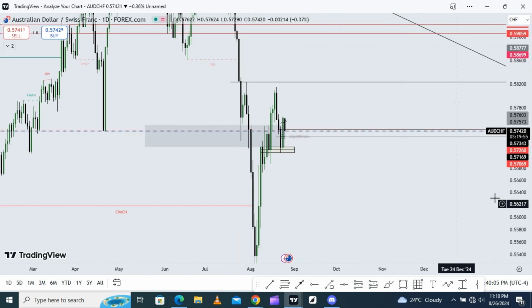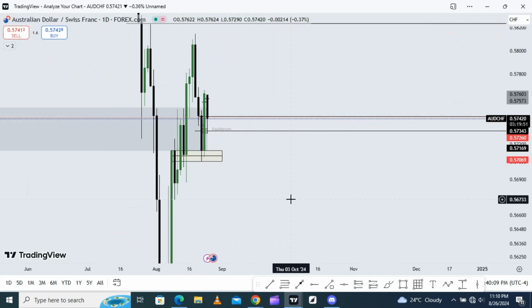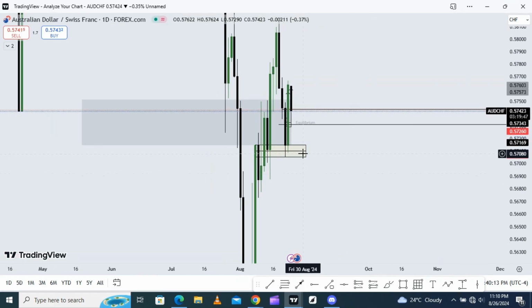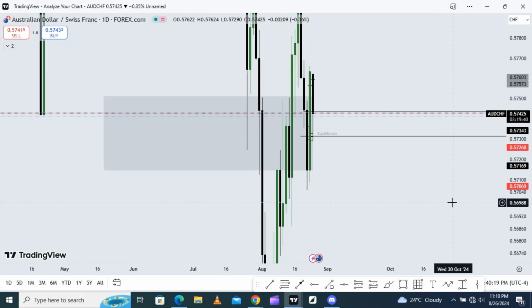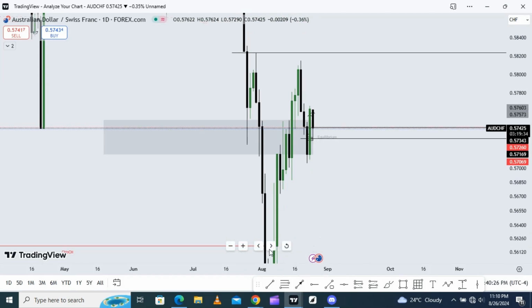Let me show you the previous week setup that I used to take. So like you see here, normally the bias is bullish, like here the buyer is bullish.